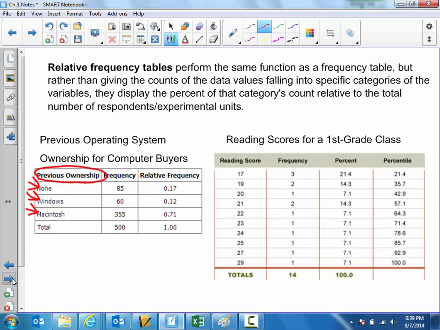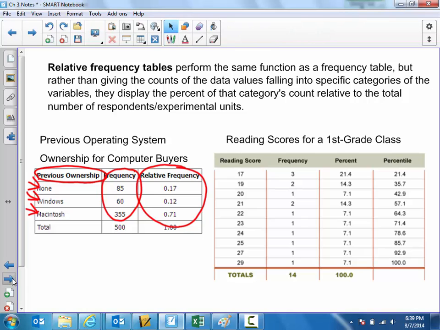Well, the relative frequencies allow us to know, rather than just the counts that we got from people who fell into the none, Windows, or Macintosh data values, instead we know how they stack up relative to each other as percentages here. That tends to be an easier way to understand how the data values relate to each other.